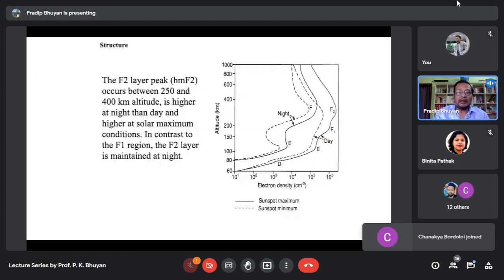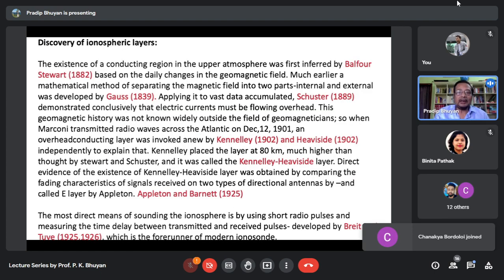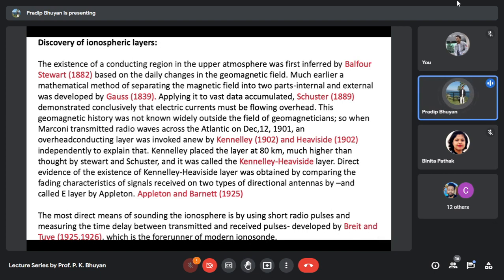So in 1925, they came up with this idea or experimental evidence by looking at two signals received in two directional antennas, and they thought that this should be a conducting layer, as Kennelly and Heaviside had predicted, and let us call it an E layer.